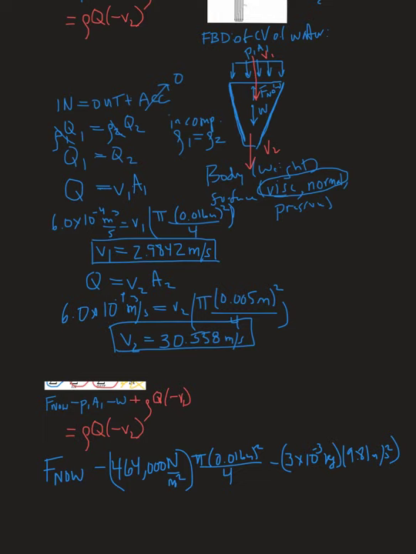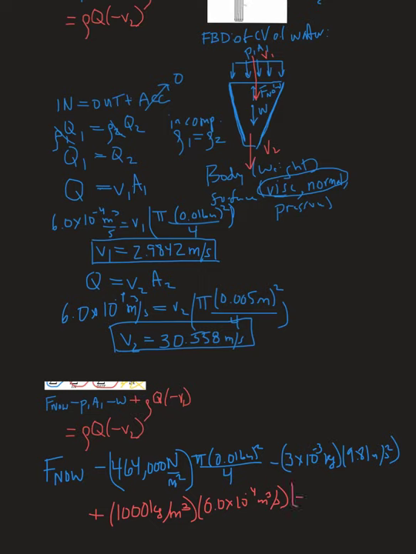Now we'll go to red. Plus rho, the rho of water. Hopefully you've got this nailed down now. 1,000 kilograms per cubic meter, times Q, which we decided was 6.0 times 10 to the negative fourths cubic meters per second, times negative V1.